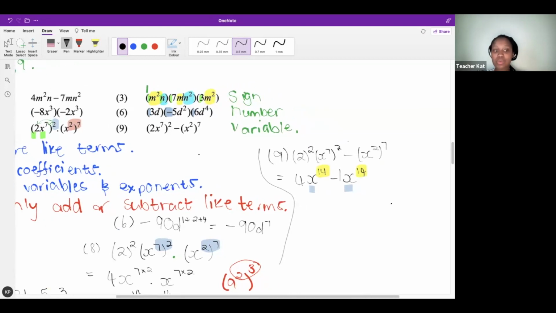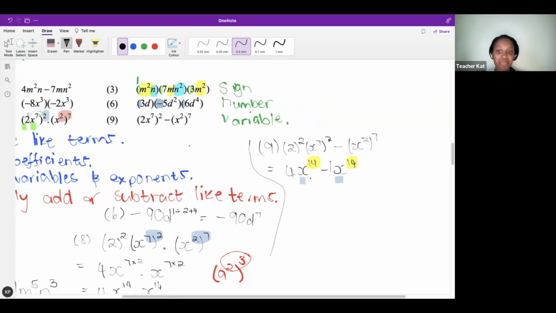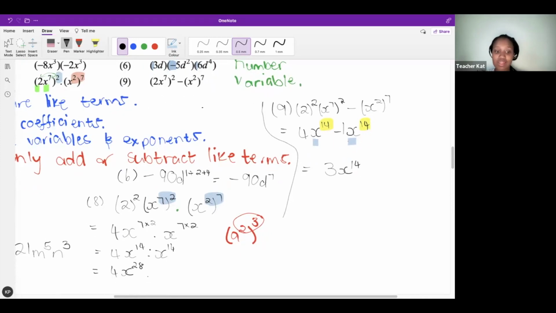So then my answer will be 3x to the power of 14. We said my exponent does not change. It only changes when we multiply, like in this case. That dot means multiply.